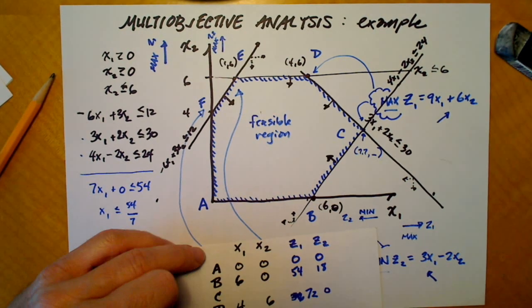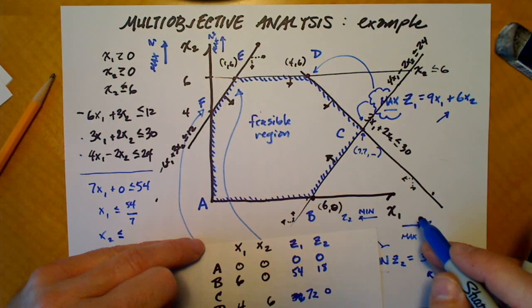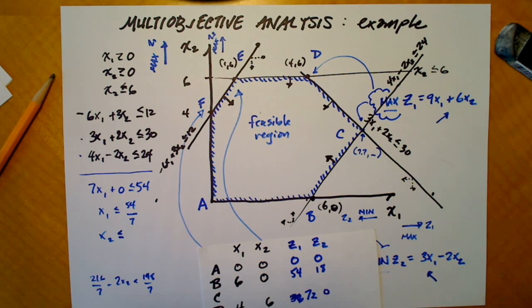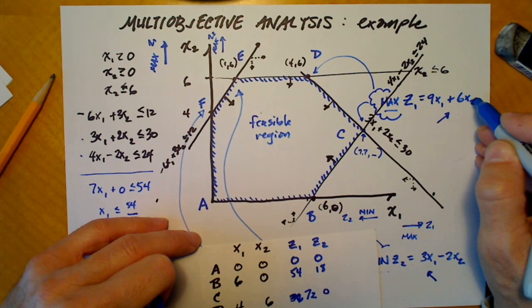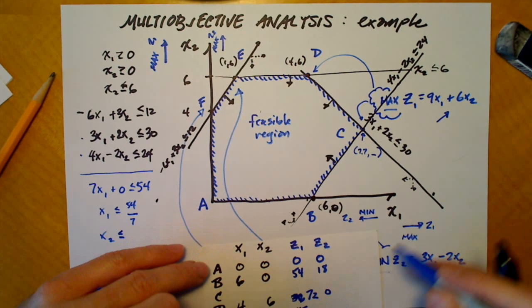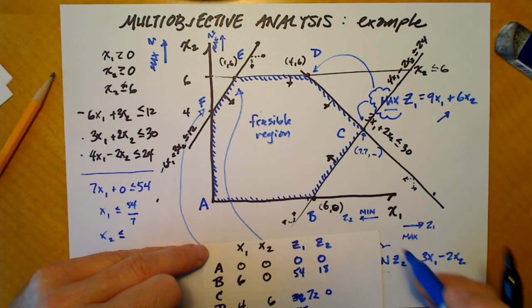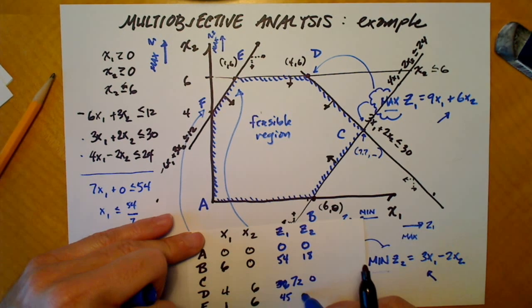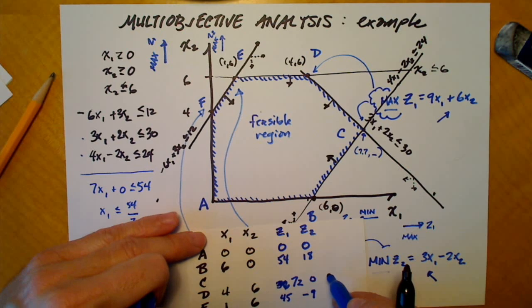Let's look at E. E was 1, 6. For Z1, 9 plus 36, 45, and Z2, 3 minus 12, negative 9.